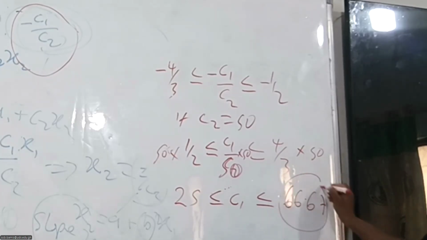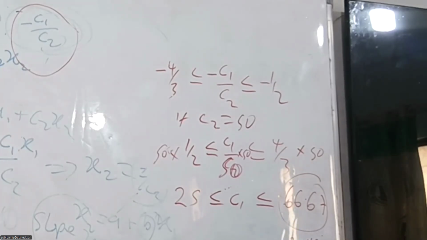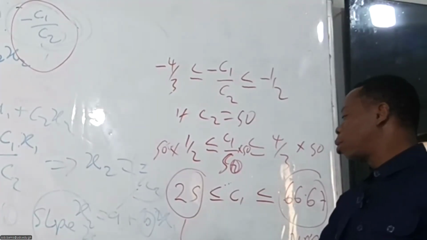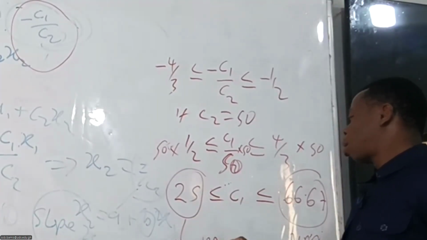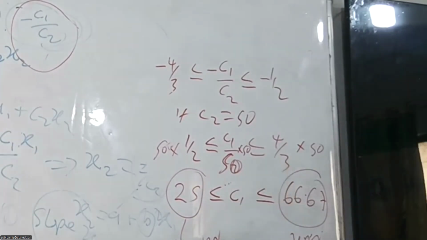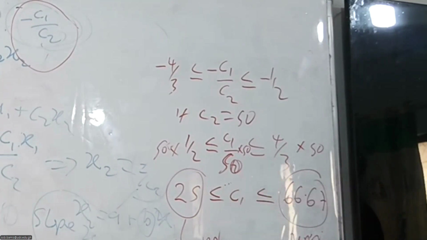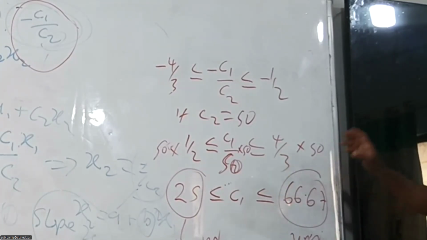Is that not what we found as the upper bound? Yes. So this is the upper value, and this is the lower bound. So this is the sensitivity range for S1 for the objective function. We can use a similar thing to find that for S2.